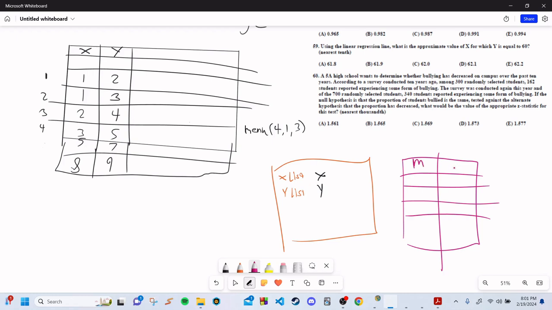So your m would be your slope, your b would be your y-intercept, your r squared is your coefficient of determination, and your r is your correlation coefficient, which is what we want.